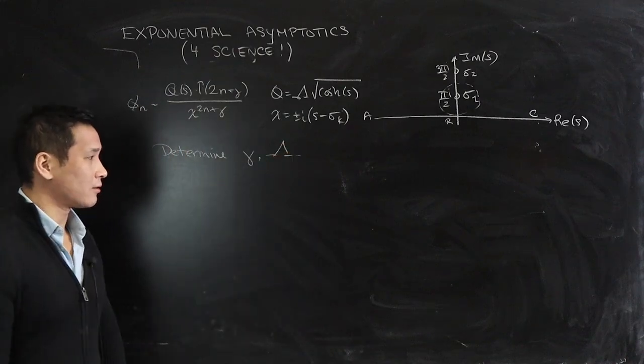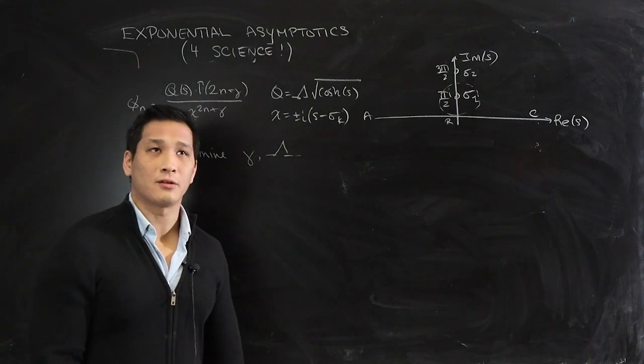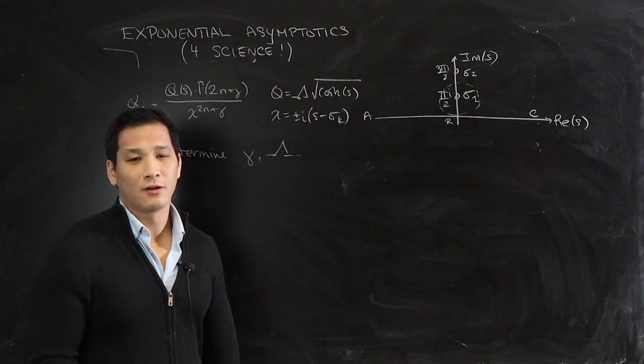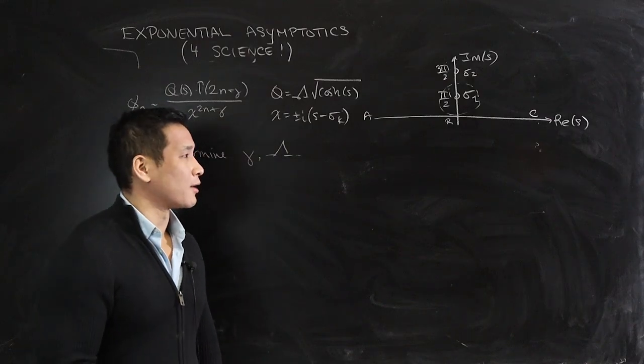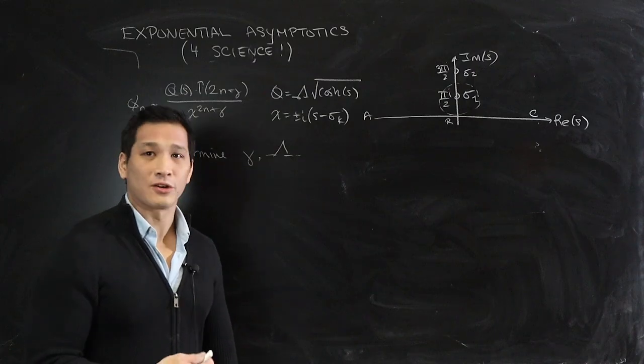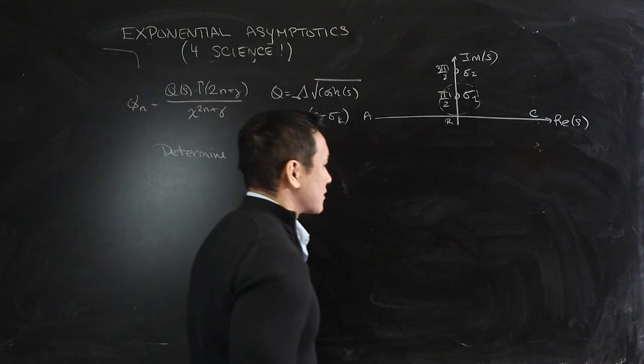Gamma is usually easy to get in most problems, and lambda is a lot harder. And you can see now why I said that it is often the case that you might not be purely interested in the lambda, because as long as it's non-zero. And in this case, that was the situation.